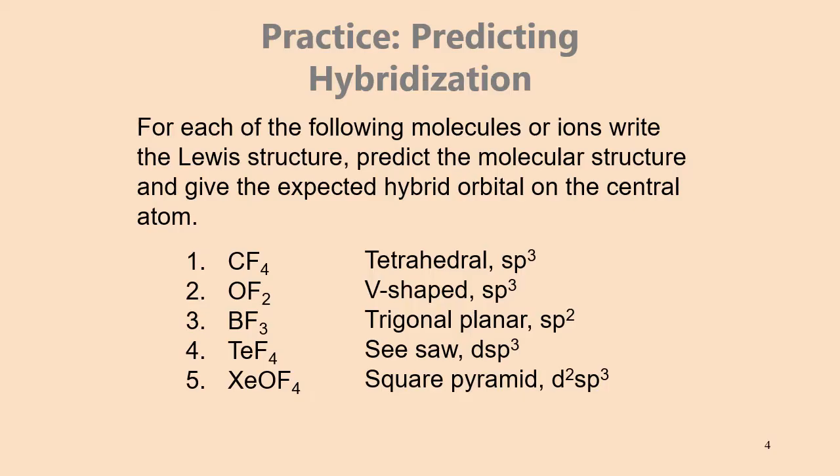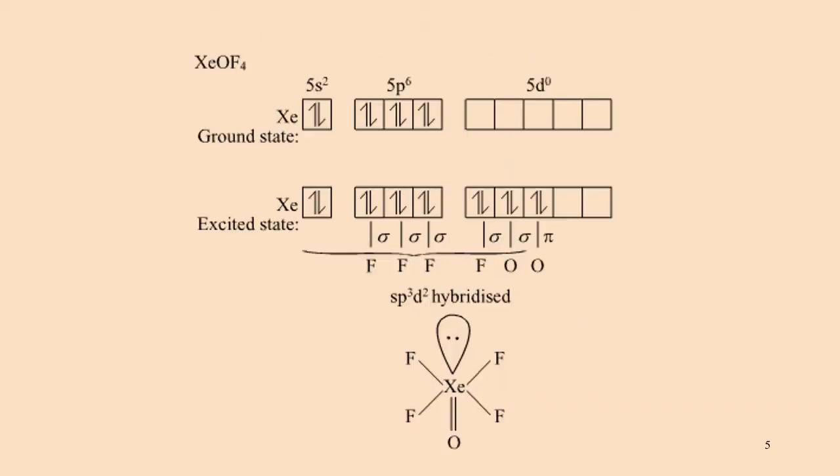Let's do some practice. Answers are already given, but you need to show how you get the answer. Please refer to your lecturer for more clarification about this. So we take an example, the molecule XeOF4. At ground state, this molecule has the valence electronic configuration of 5s2, 5p6.